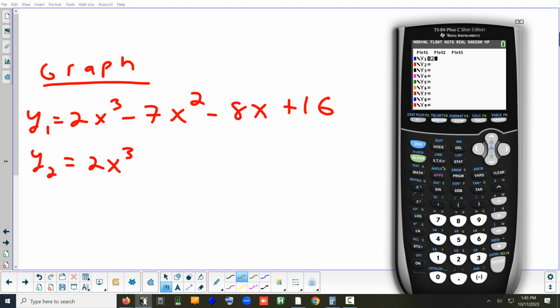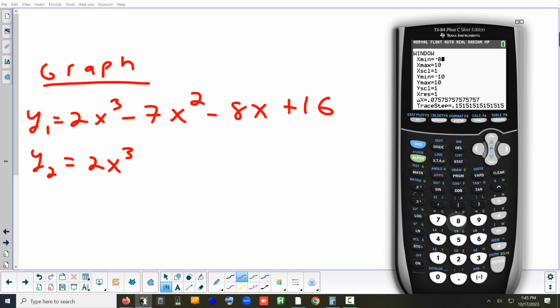Okay, so we've got 2x cubed minus 7x squared minus 8x plus 16. And then in y2, I'm going to put 2x cubed. Now, I'm going to set a certain window that I want to look at. Let's do a window from -8 to 8 on the x-axis.